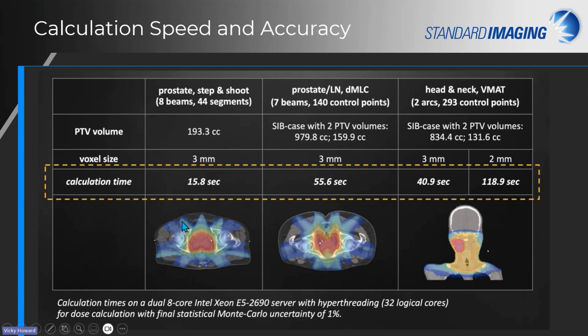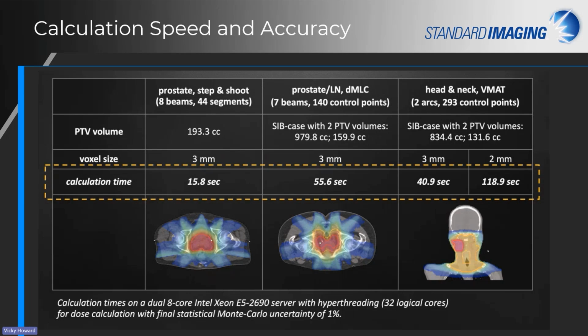But even for your standard workflows, you don't have to use it just for your online workflows, you can use it for all your standard treatments. And again, the automation fits any workflow and the time is even quicker. Really, the only time you would really be aware of these calculation times is if you force a recalculation and maybe you reviewed it and for some reason you want to change the voxel size and you're forcing a recalculation.